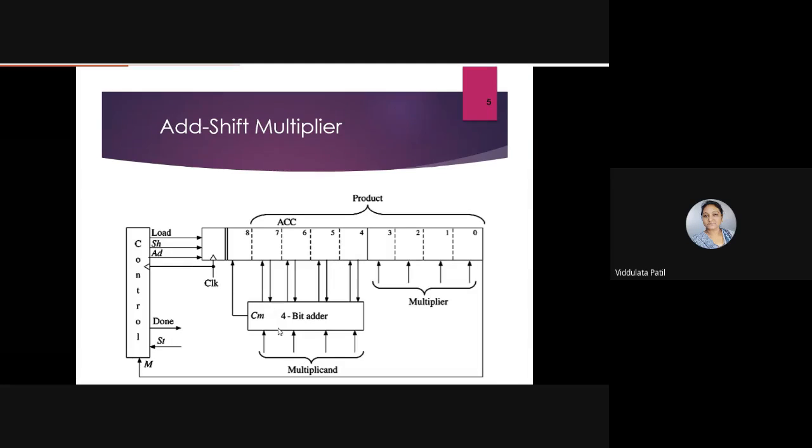These bits will be added with the multiplicand depending on the least significant bit of this accumulator. If it is 0, then we are just going to shift whatever is the contents in this accumulator. But if this number is 1, then we are going to add the multiplicand in these 4 bits, that is 7, 6, 5 and 4.